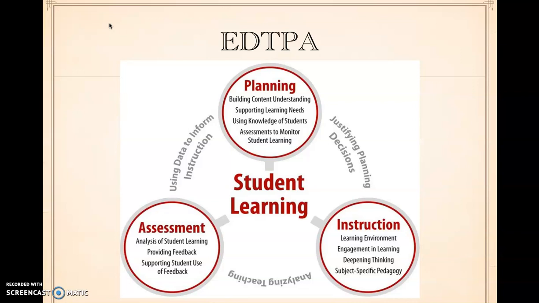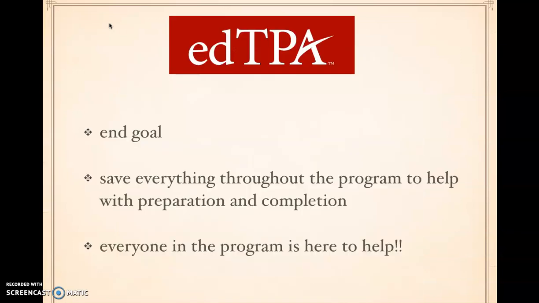This is a good diagram that shows the 3 components. Like I stated before, the EdTPA is the end goal of this program because it will be reviewed nationally, and it is what allows us to move on and be graded as a teacher.